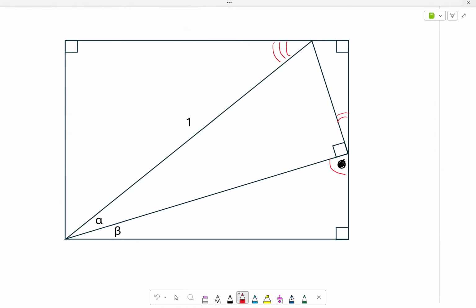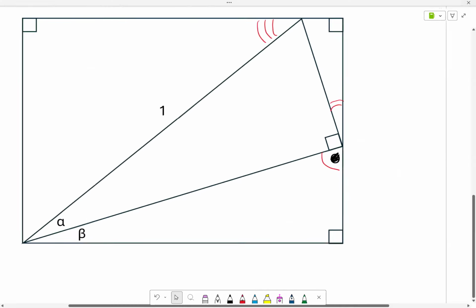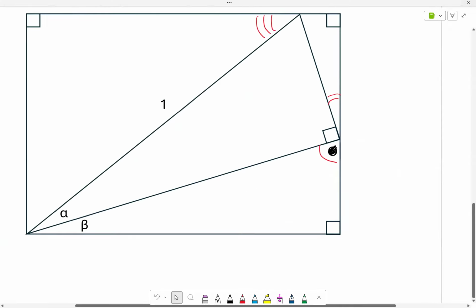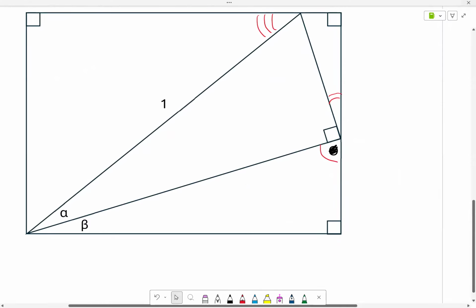Wait. Oh, 90 minus... Okay, the first one is... Are you good with 90 minus beta?